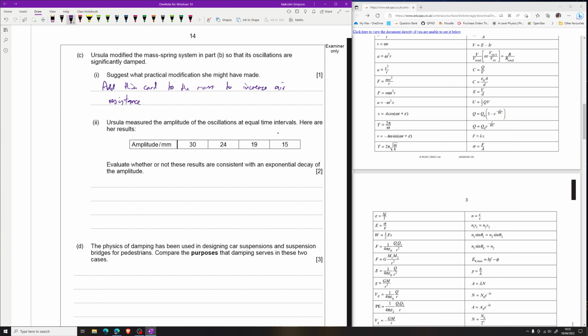And so these are damped oscillations that we're looking at here. Evaluate whether these are consistent with an exponential decay of amplitude. So in general with damped oscillations, this is the type of expression you can write for amplitude.